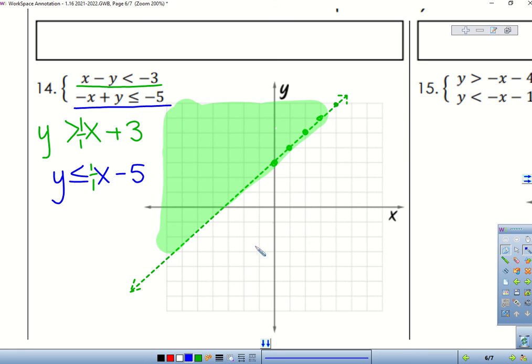Now for the other one, I start at -5: 1, 2, 3, 4, 5. And I also go up 1 over 1. And then I connect these with a dashed line.